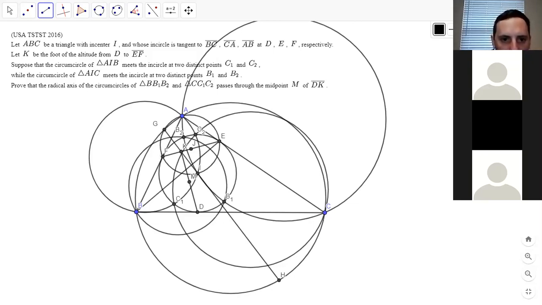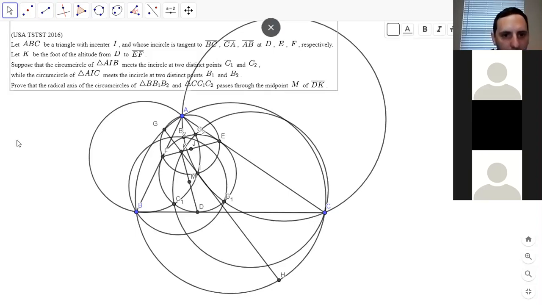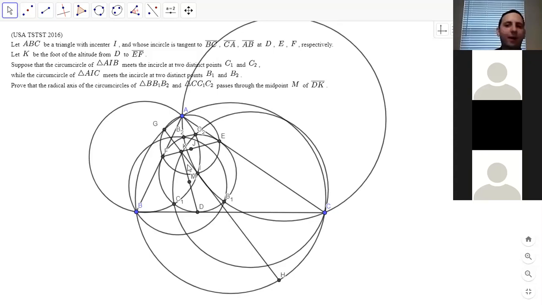So how did you know that the Gergonne point would lie on the radical axis if the problem's true? Well, I don't know that it lies on the radical axis, but I do know that the Gergonne point lies on line MJ. Ah, that's like a famous theorem, I guess.